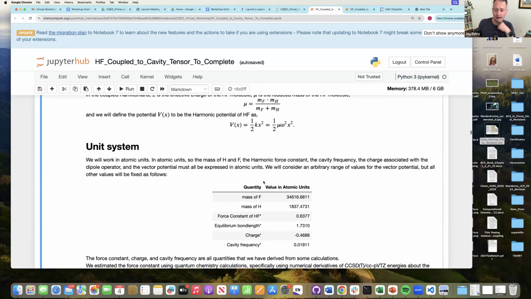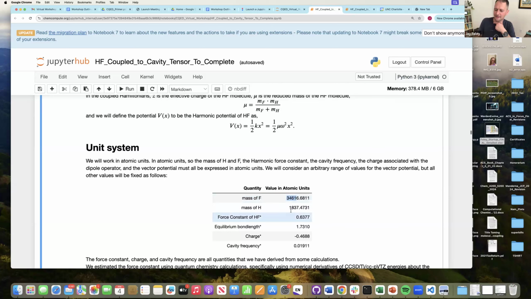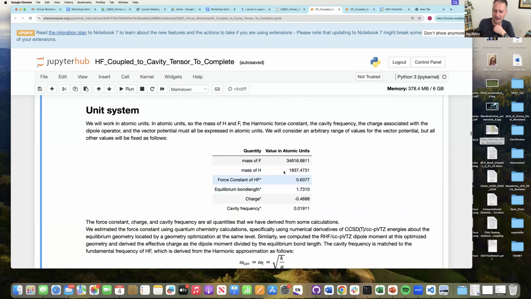We're going to do everything in atomic units in this notebook. That's my favorite unit system. Maybe some of you share my affinity for the atomic unit system. It's quite convenient for many things. It's not that convenient for atomic masses, though.